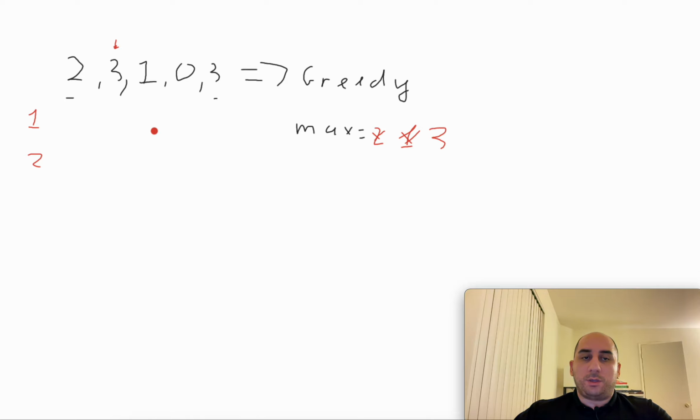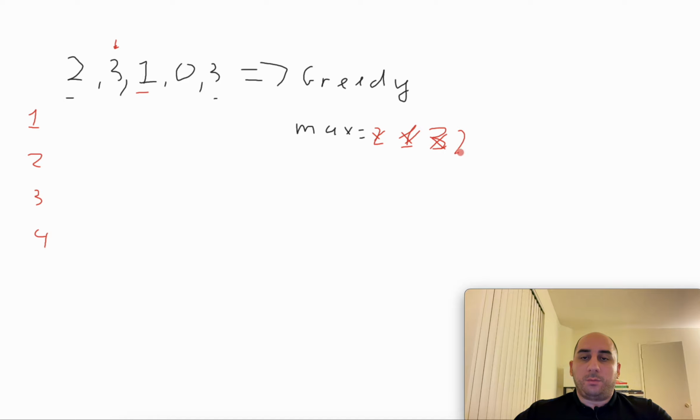Now we are moving to the next index. The next index is the third one, and the value of that is 1. Again we are comparing: can this value take us further, or will the already existing max value take us further? Of course the existing value, because 3 is more than 1, so we are keeping it, and we are going to the next index. The value is 0, and by the way, we are decrementing max here.